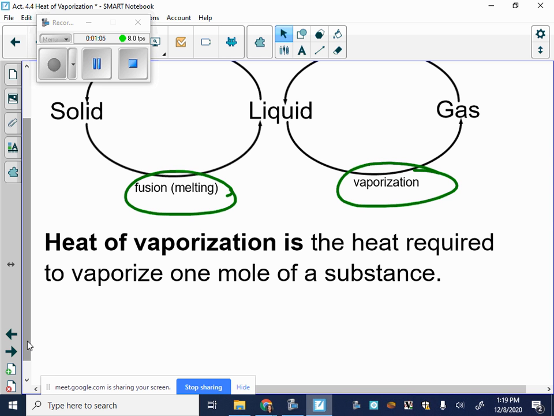Heat of vaporization is the heat required to vaporize 1 mole of a substance. Okay, so it's a unit. You'll find these again in your data booklets, so make sure you have your data booklets handy again.